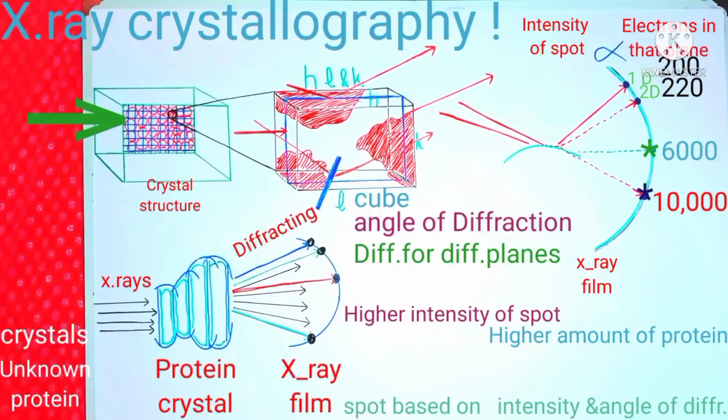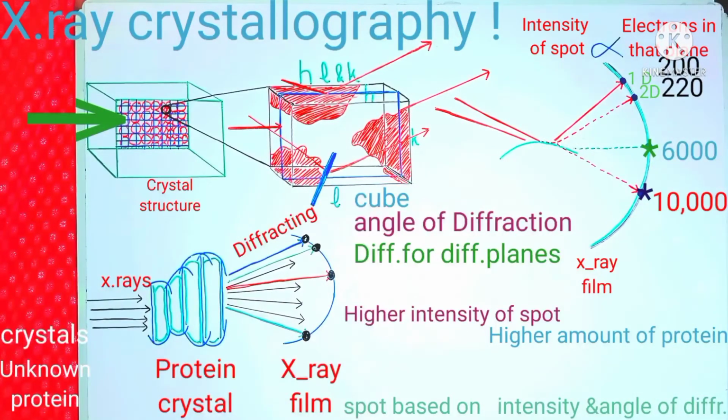So the diffraction angle also tells us how exactly we are placing the plane. This diffraction angle tells us which area of the region the spot belongs to. So it is important for the computer to find out which spot represents which area of the unit cell, and intensity is helpful to find the amount of electron density corresponding to that area.